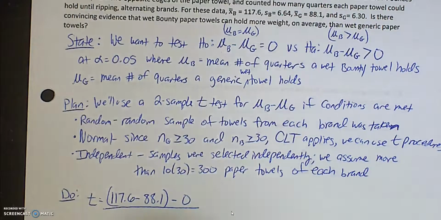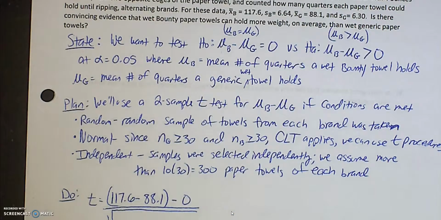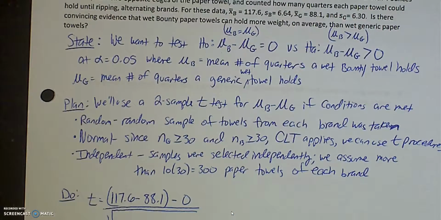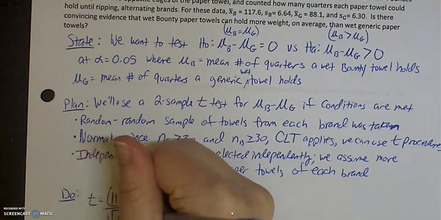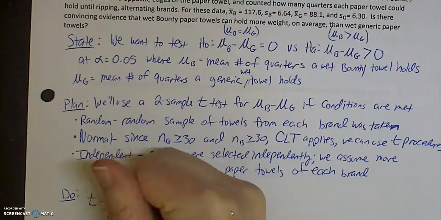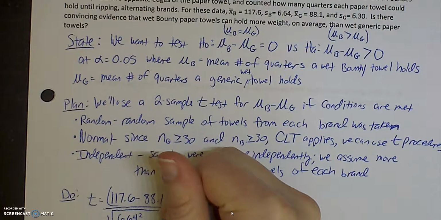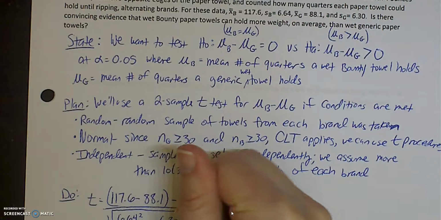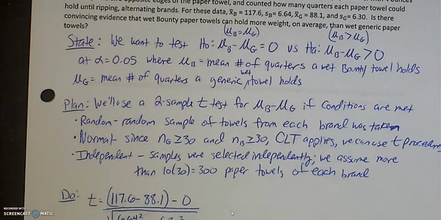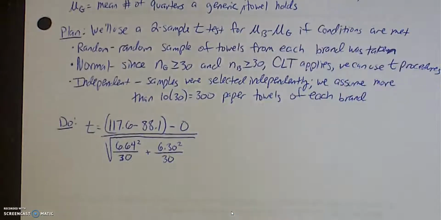over the big square root. Sample standard deviation for Bounty was 6.64 squared over 30 plus the standard deviation for generic, 6.30 squared over 30. So I'm going to put that in my calculator.